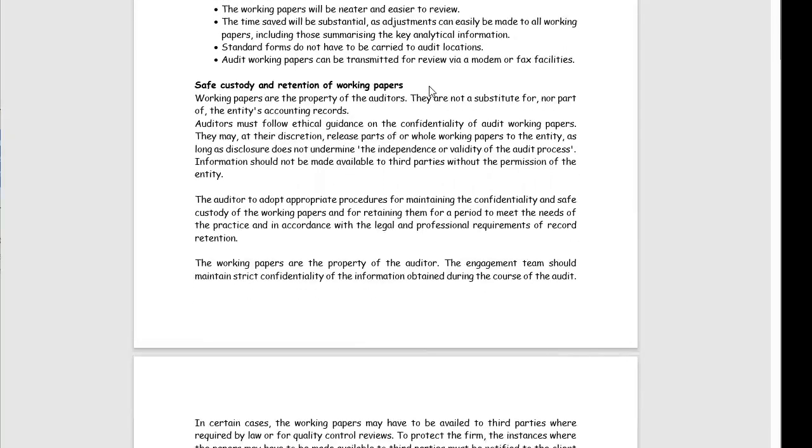Auditors must follow ethical guidance on the confidentiality of the audit working papers. They may at their discretion release parts of or whole working papers to the entity as long as disclosure does not undermine the independence or validity of the audit process. Information should not be made available to third parties without the permission of the entity.